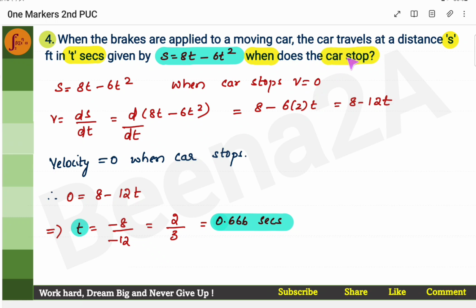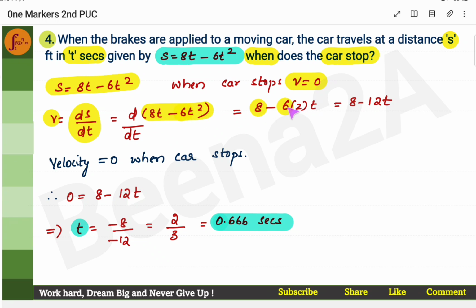So first thing, car stops means velocity is 0. That means there is no movement. Velocity is nothing but movement by time, but movement itself is 0. Therefore, velocity will become 0. So first you differentiate this function, 8t minus 6t square. Differentiation of 8t is 8.